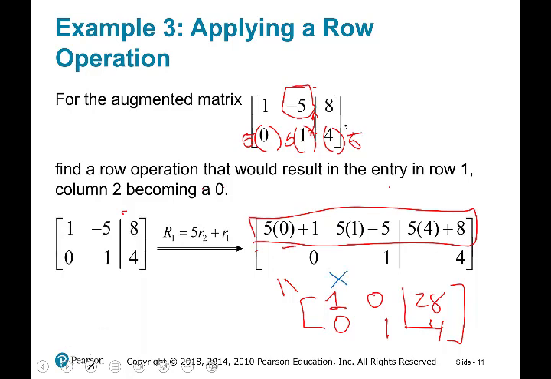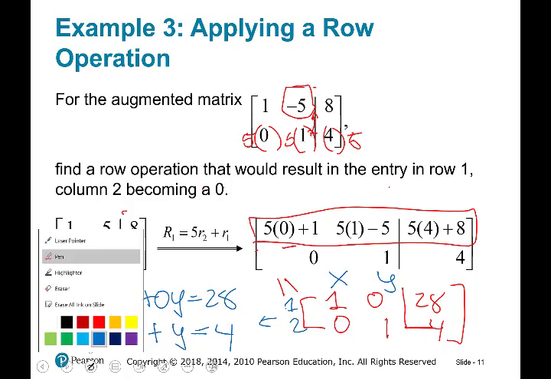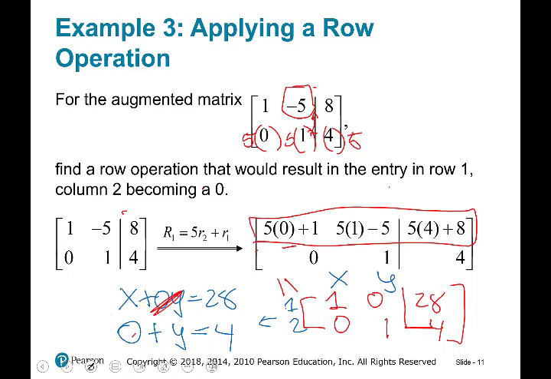If this is my X and Y columns, and this is row 1 and row 2, let's write this as a system of equations. I have X plus 0 Y is equal to 28, 0 plus Y equal to 4. You can see that technically what they're saying here is that x is equal to 28 and y is equal to 4. So this is actually the solution of my system.